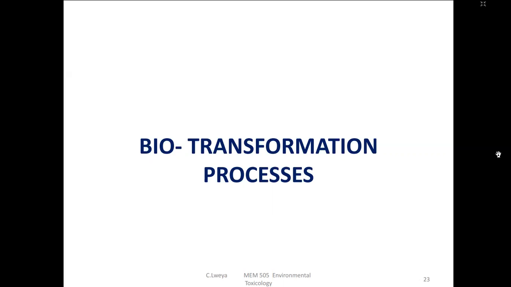Then the other process was oxidation, where I might give you simple examples, not really organic in nature, but inorganic, because inorganic compounds are very easy to remember. The other one was reduction, and the last one was photochemical transformation or photodegradation. So those are the four important processes that we can talk about.